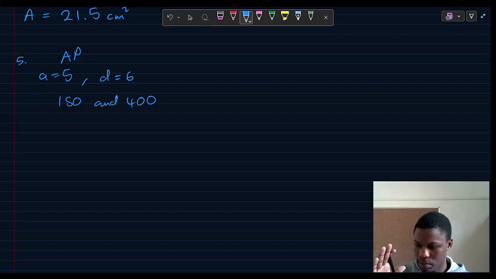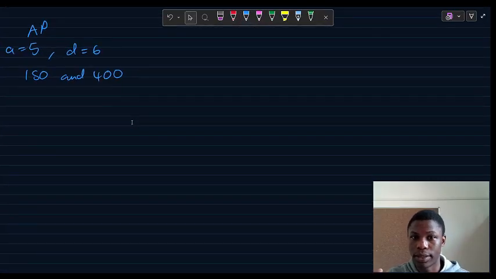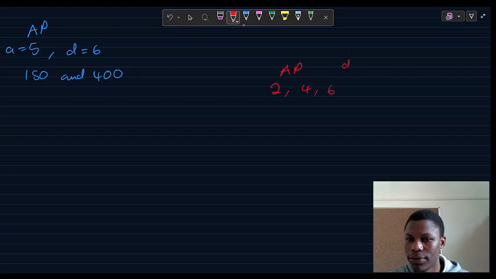So let's just digress for a little bit so we can actually understand what on earth is going on here. If I gave you an arithmetic progression, let's say it starts with the term 2, and then it goes on to 4, it goes on to 6. Clearly our common difference is 2, then 8, and 10, and 12, and 14, and it continues to go on.